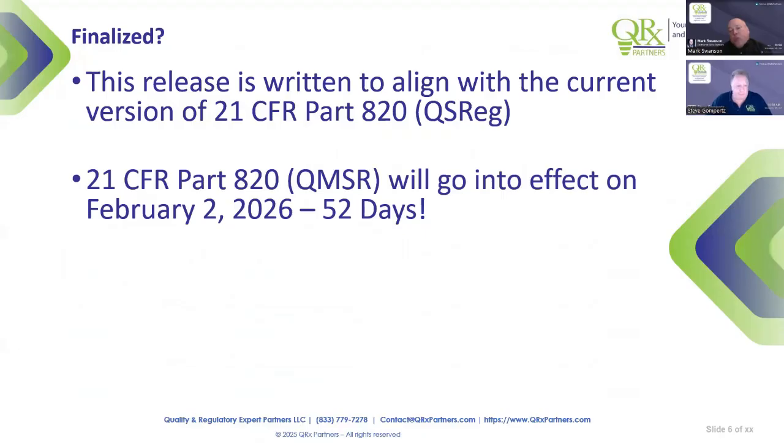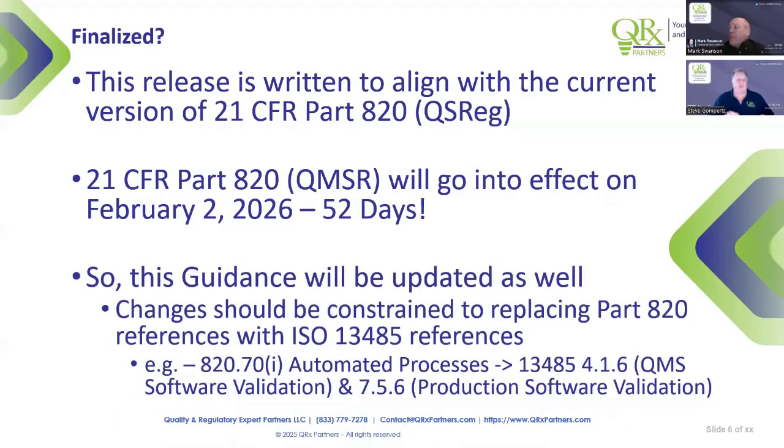And so in the footnote, they've acknowledged that all of the references in the guidance now are to the existing 820, and they are going to issue another version of this guidance. They didn't say when. They just said that there will be an update to this based on the updated 820. I would expect that what they're saying is, and they kind of allude to this, they're going to replace those 820 references with the corresponding 1345, right?